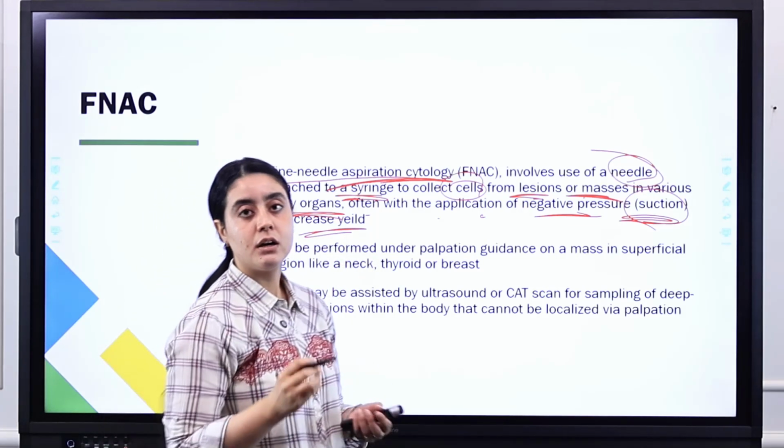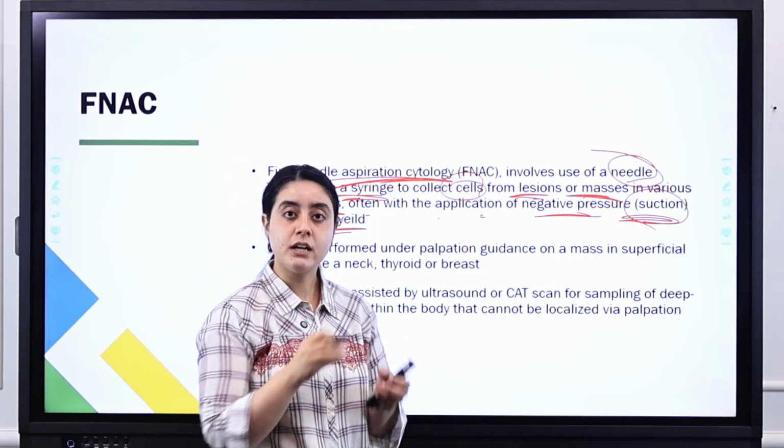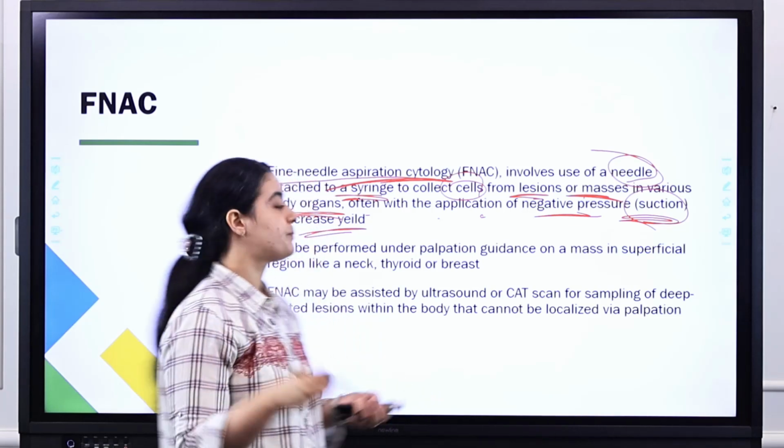Obviously we have to apply negative pressure so that proper suction occurs.